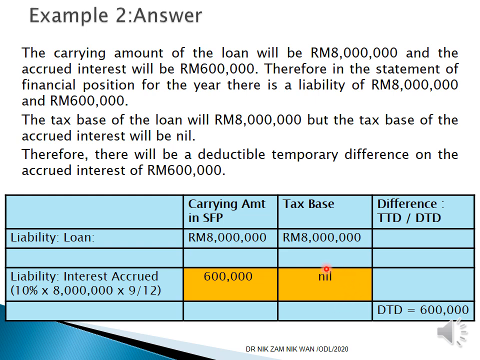So there is no computation for interest expense. So it is nil. We compare the carrying amount of interest accrued 600,000 with nil. So we have a difference of 600,000. This difference is known as a deductible temporary difference on the accrued interest.